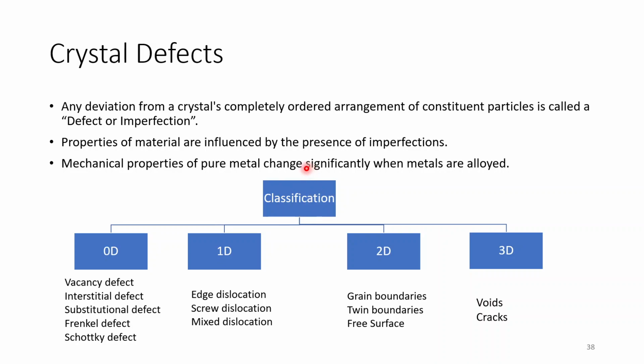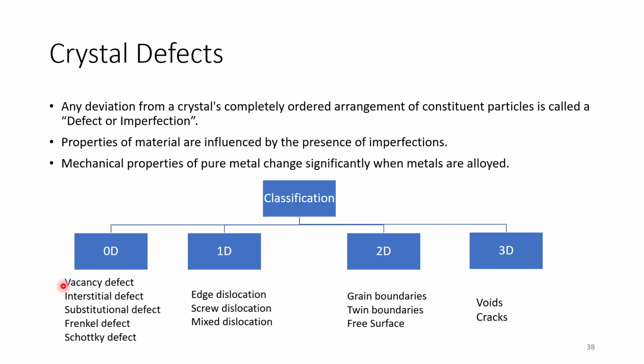Now the classification of crystal defects is based on dimension. 0D defects have very small dimensions, in nanometer or angstrom size.